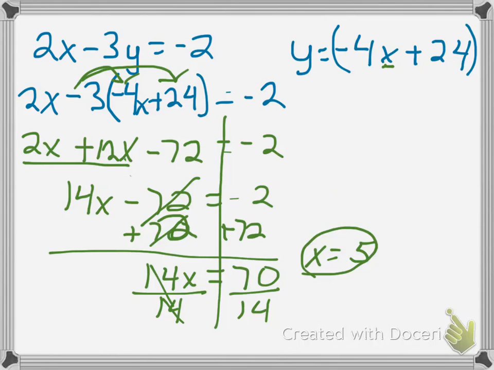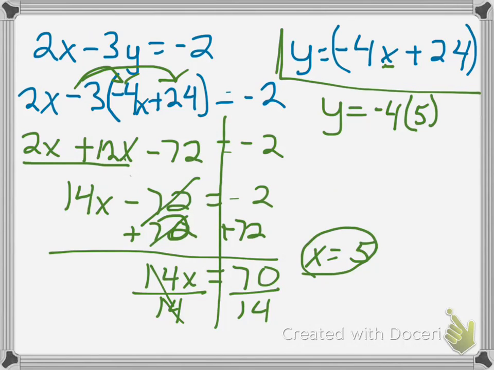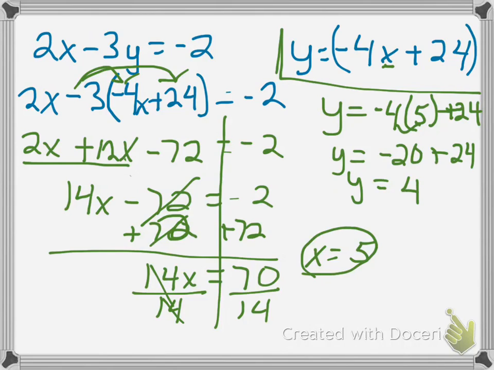So I can use what I have here and just plug and chug. Y equals negative 4 times 5, plus 24. What we get here is negative 20. Just use order of operations, PEMDAS, y equals 4.